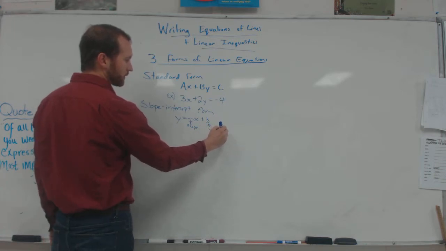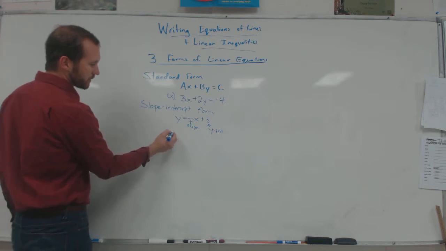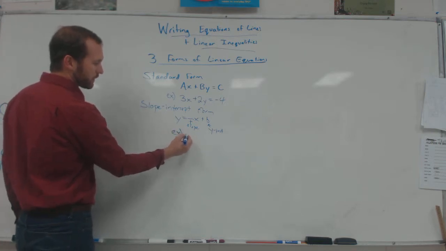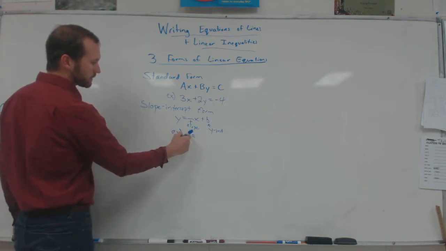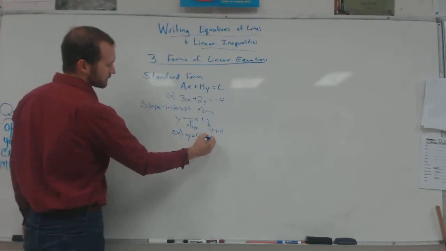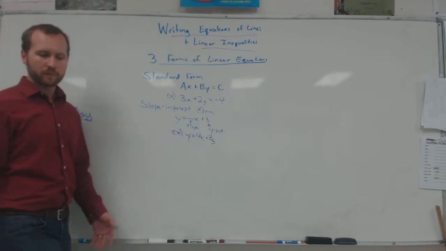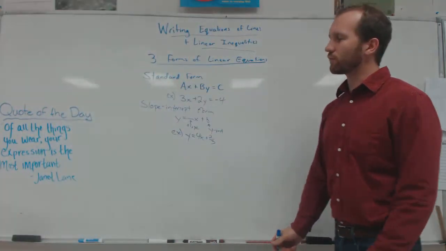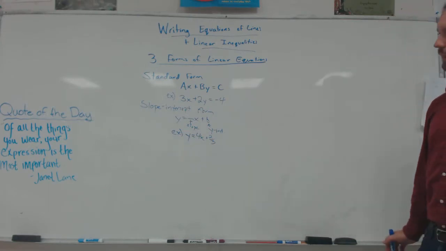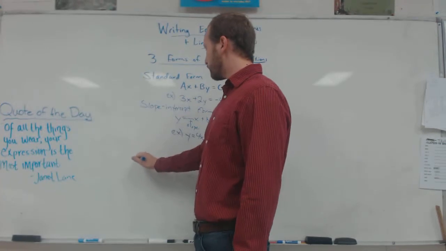The y-intercept. So an example of slope-intercept form would be y equals 4x plus 2/3. That's just a random example. And then we have point-slope form.